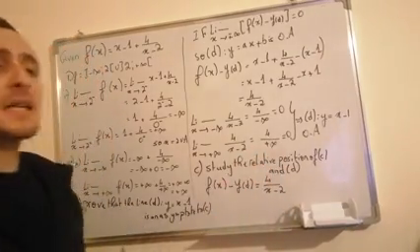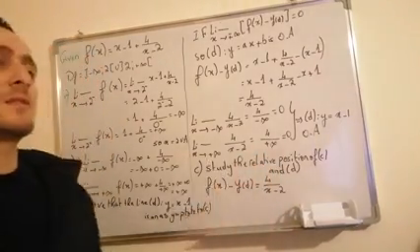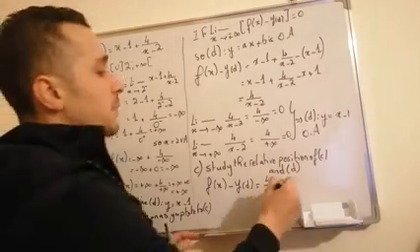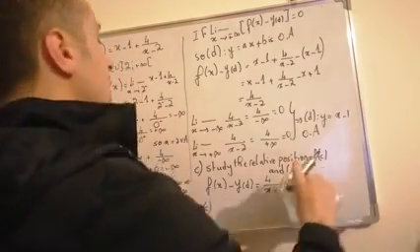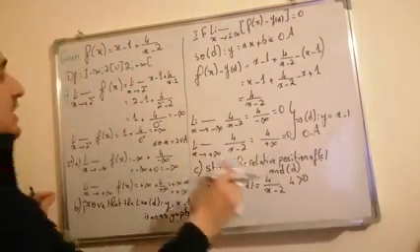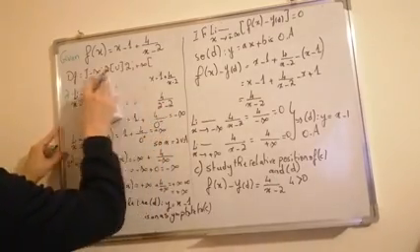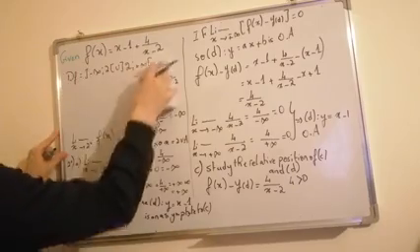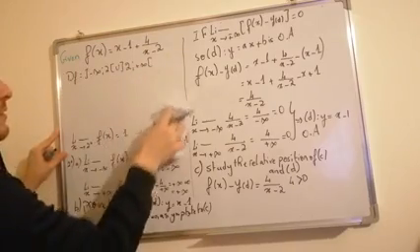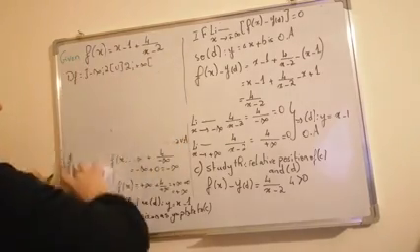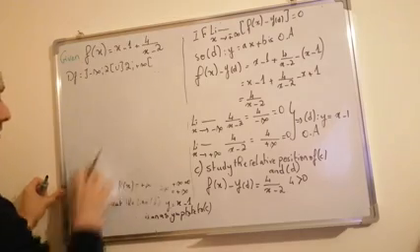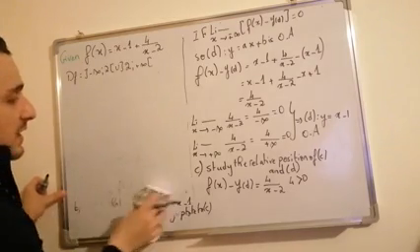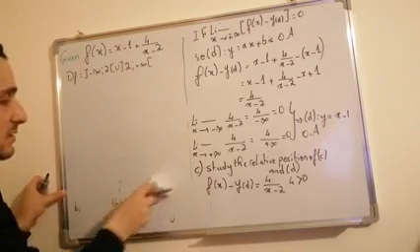Now we have to study the sign of the answer. 4 is positive. What is the sign of the expression x minus 2? To find the sign, x minus 2 is a factor in the denominator.